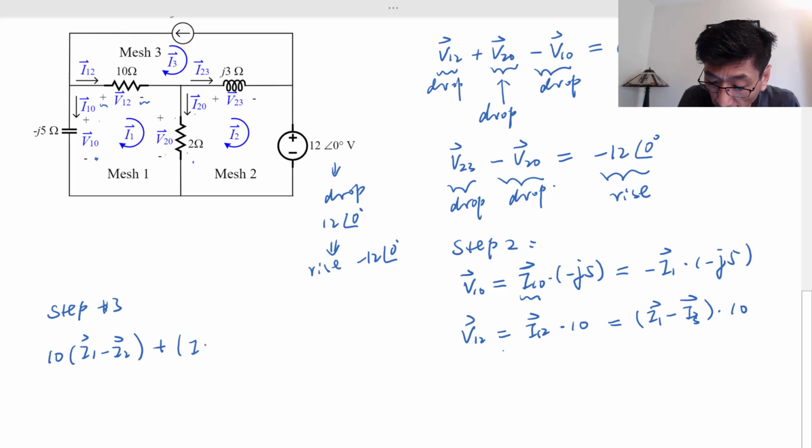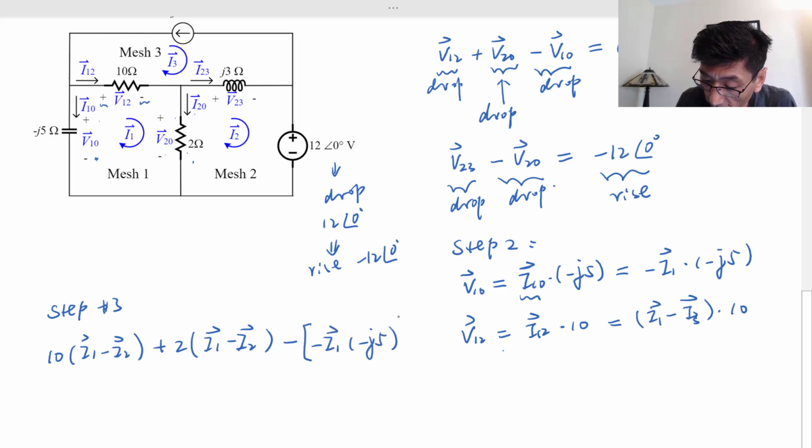V20 actually is I1 minus I2 times 2, so let me put 2 in front of this, I1 minus I2. And V sub 1, 0, that's negative V sub 1, 0, actually another negative. So you get quite a few negative signs here, but I just want to keep this so I don't confuse you. And that's equal to 0. You actually can collect the terms. I did collect the terms in the Google Colab notes, so you can check on that.